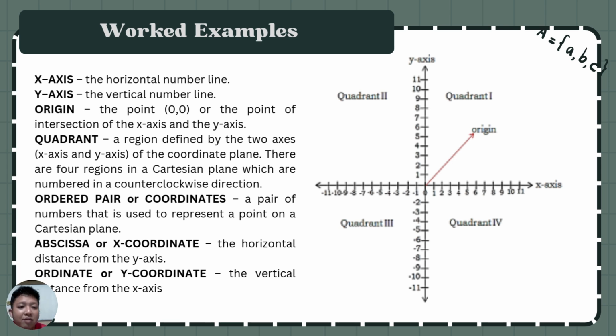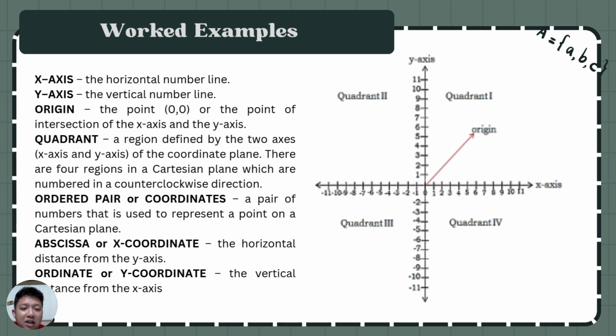As you can see, we have the x-axis, which is the horizontal number line. The y-axis is the vertical number line. And the point of intersection of the two number lines is what we call the origin. And the origin has a point of 0 and 0.